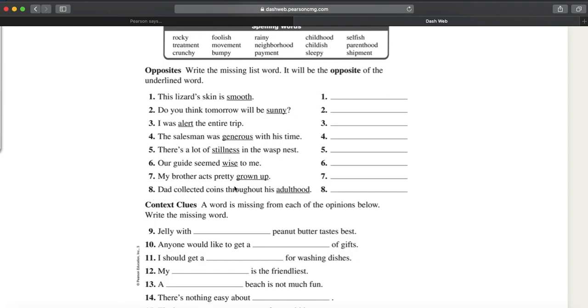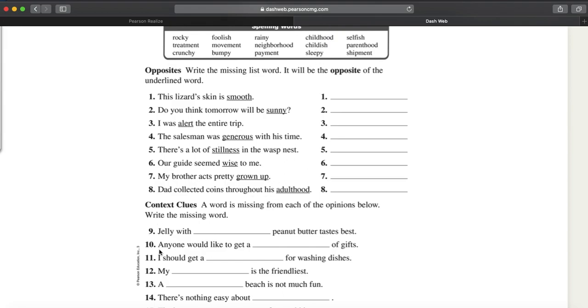Dad collected coins throughout his adulthood. So adulthood means when he was big. Now what's the opposite of being big? The opposite of adulthood is childhood, because adults are big men. So the opposite of adulthood is childhood.